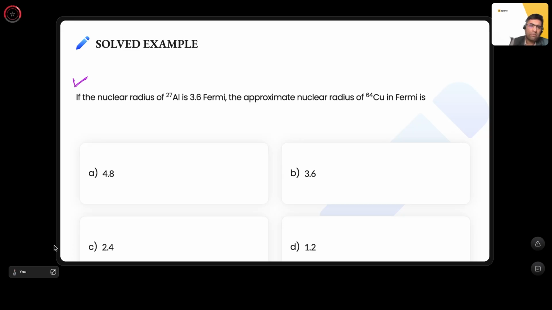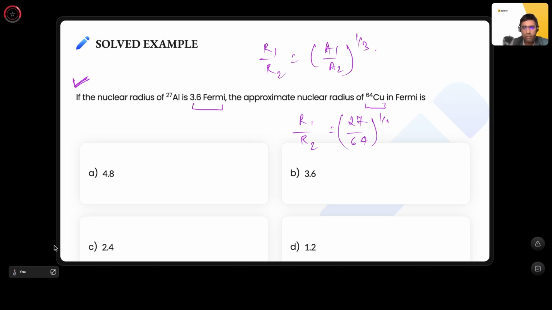Again, a simple and important question on nuclear radius. If the nuclear radius of aluminum is 3.6 Fermi, the approximate nuclear radius of Cu64 copper is? So we know that R1/R2 is equal to (A1/A2) to the power 1 by 3. So R1/R2 will be (27/64) to the power 1 by 3.